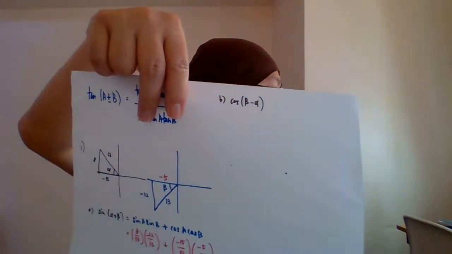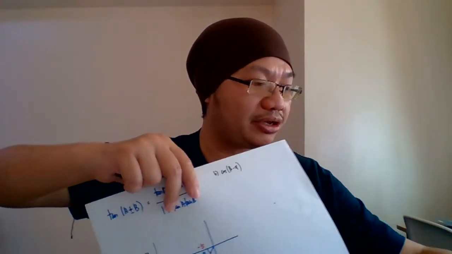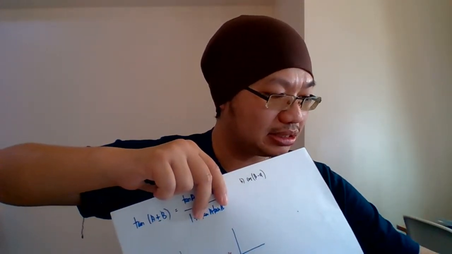Apa soalan seterusnya ni? Soalan seterusnya ialah soalan B, cos beta minus alpha. As usual, look at your identities.